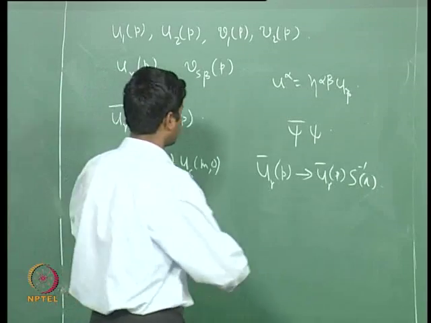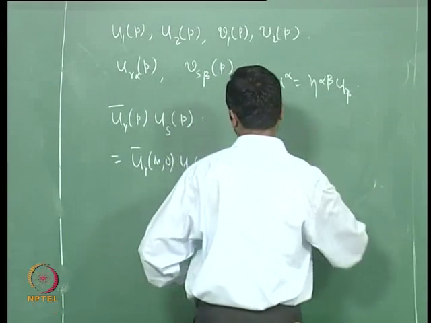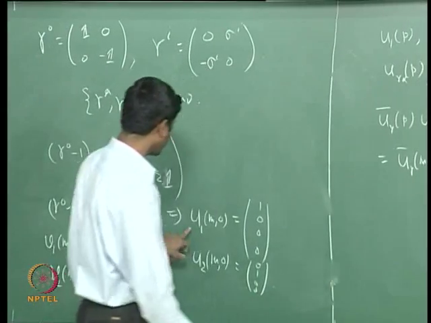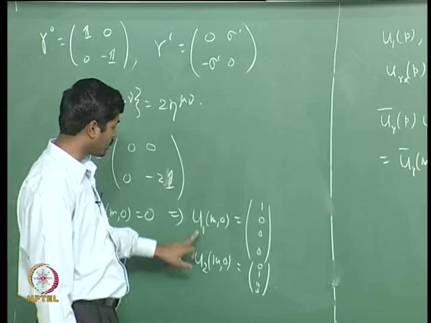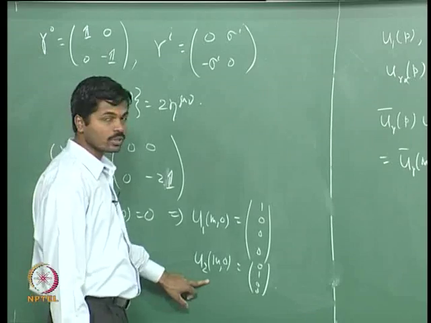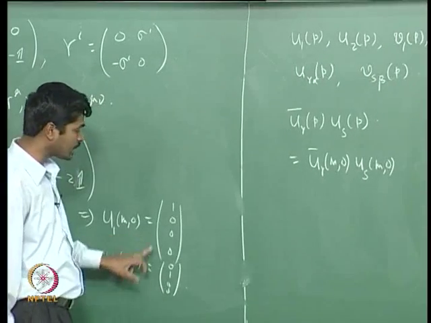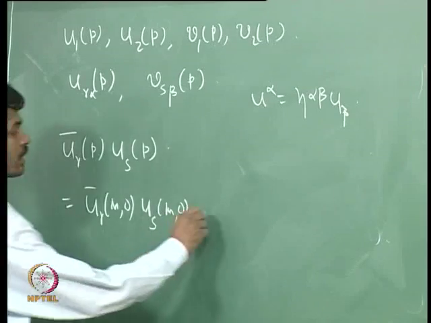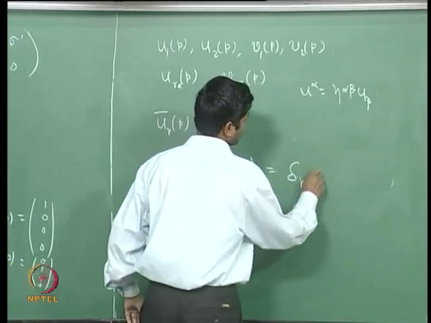You already know what these u_1, u_2 are from the expression here. So by putting in explicitly the values for u bar r and u s, you see that this is nothing but delta rs.